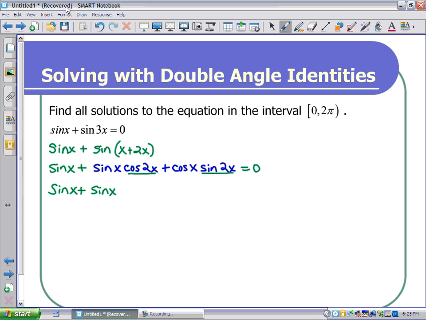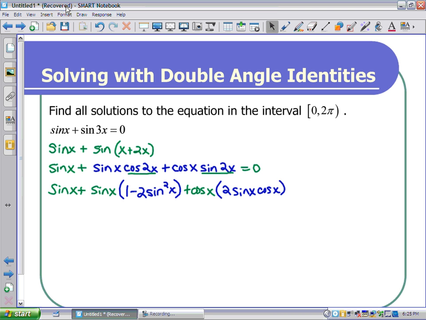So we're going to replace that with 1 minus 2 sine squared x. Then here I have plus cosine x. And that's going to be multiplied by the replacement for sine 2x, which is 2 sine x cosine x.